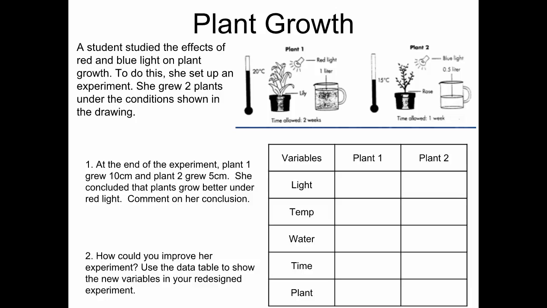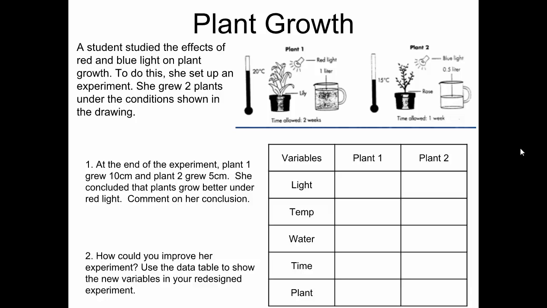All right, so let's start with an example. Let's say a scientist wants to study the effects of light color, red and blue light, on how plants grow. And so she sets up an experiment, shown at the top of this page.